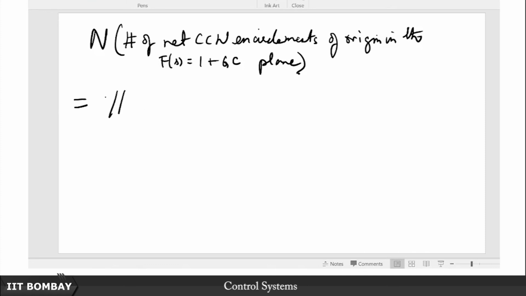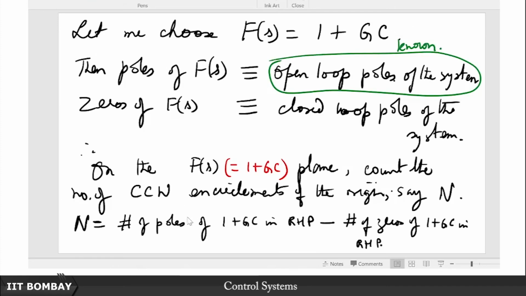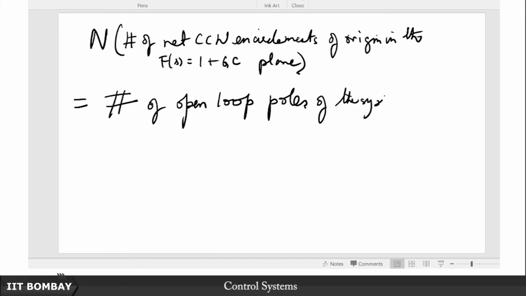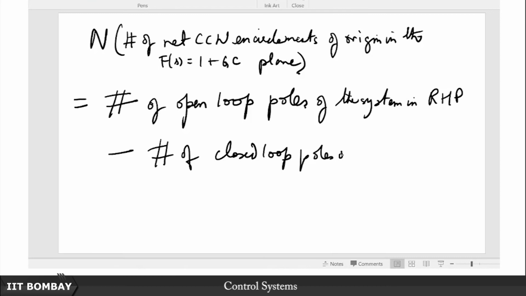And what is this going to be equal to? This is going to be precisely equal to the number of poles of 1 plus GC in the RHP, that is the number of open loop poles of the system in the RHP, minus the number of closed loop poles of the system in the RHP.